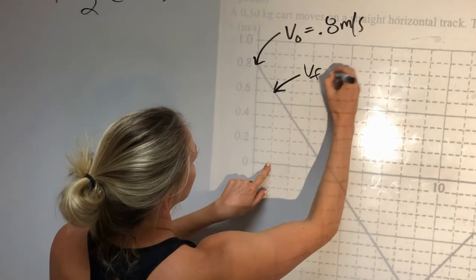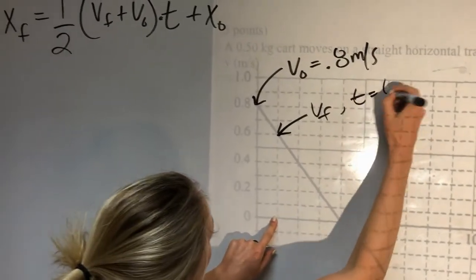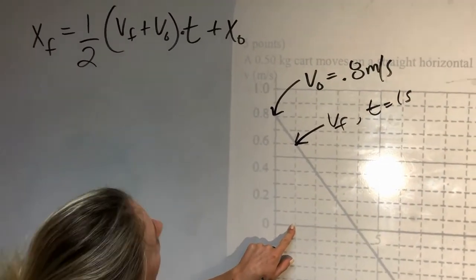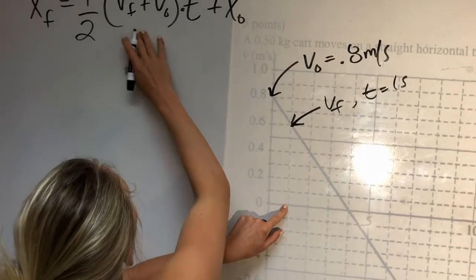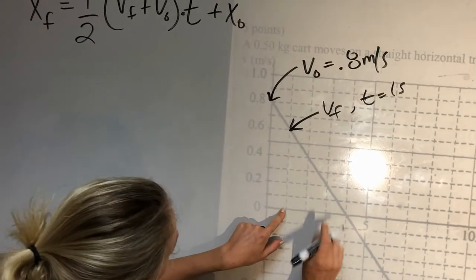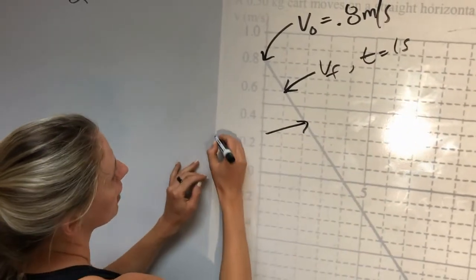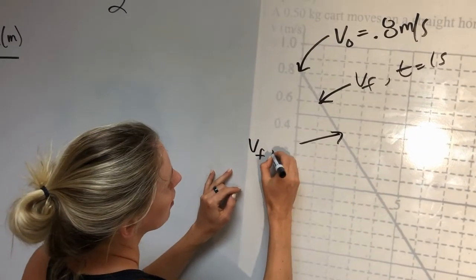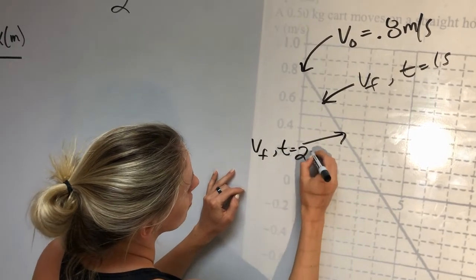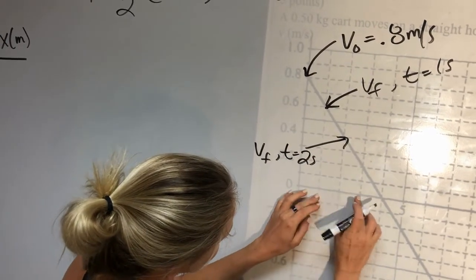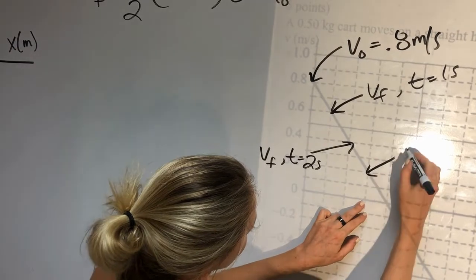So velocity final at time equals 1 second is going to be right there. Let's see, what else do we have up here? That's it. Okay, so let's go ahead and go to second 2. So right here we have our final velocity at t equals 2 seconds. 1, 2, at 3 seconds.